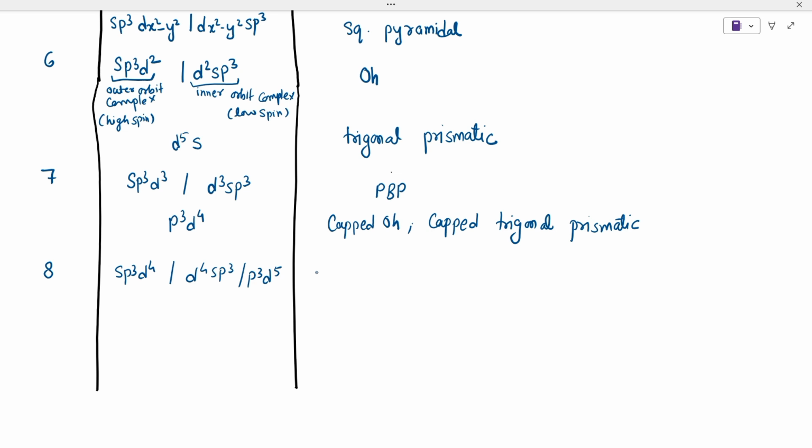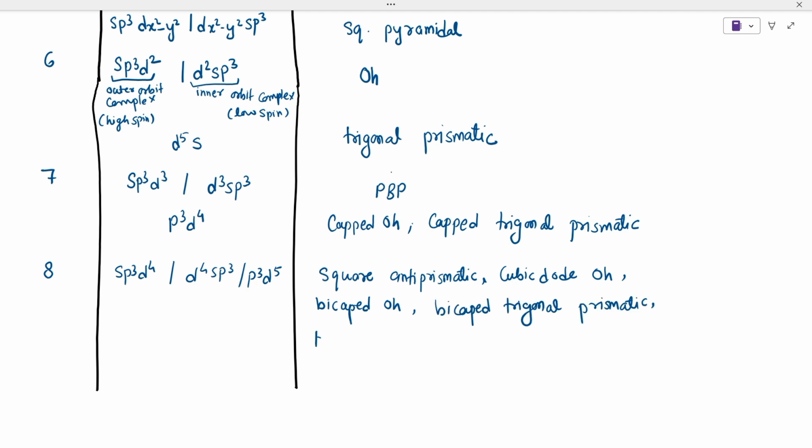For this we'll get square antiprismatic geometry and cubic dodecahedral geometry, then bicapped octahedral, bicapped trigonal prismatic, hexagonal bipyramidal. So these are the possible geometries for coordination number 8.